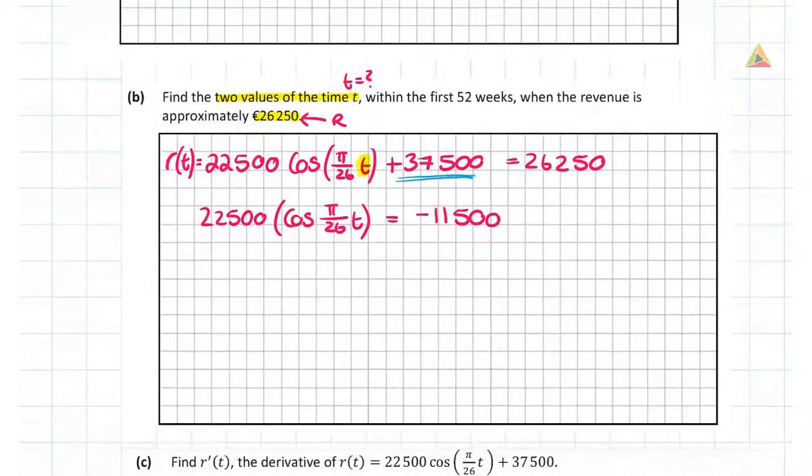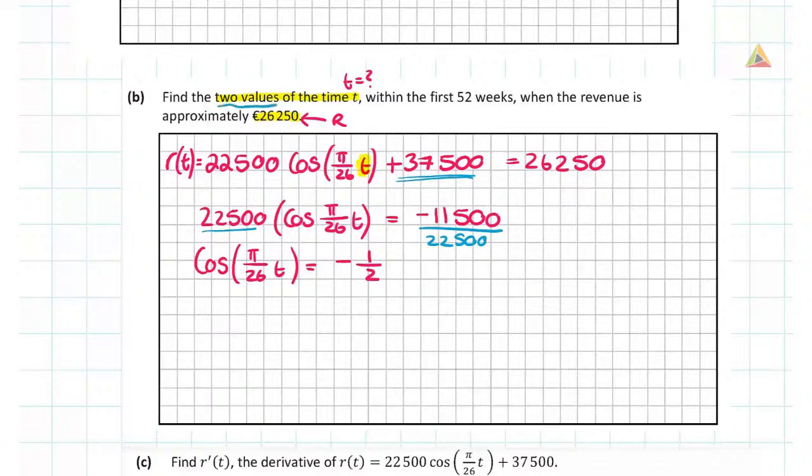We're also going to divide both sides by 22,500. So that should leave you with cos of pi over 26t is equal to minus a half. Okay, so we're down to cos of an angle is equal to minus a half.